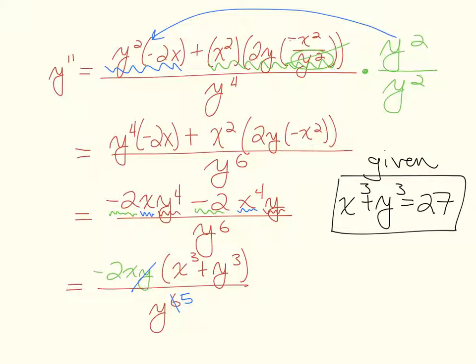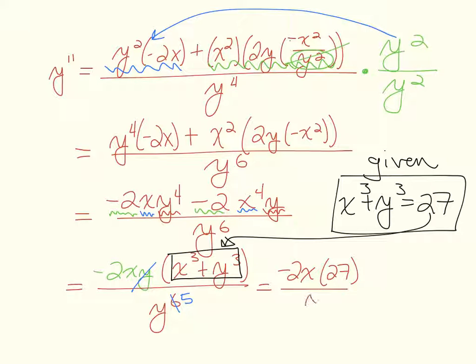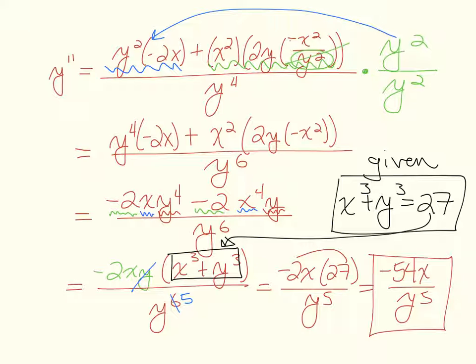So we can substitute 27 in for x cubed plus y cubed and be left with the following answer. Negative 2x times 27 all over y to the fifth. And when you multiply these two constants together, you get negative 54x over y to the fifth power. And there is your second derivative using implicit differentiation.